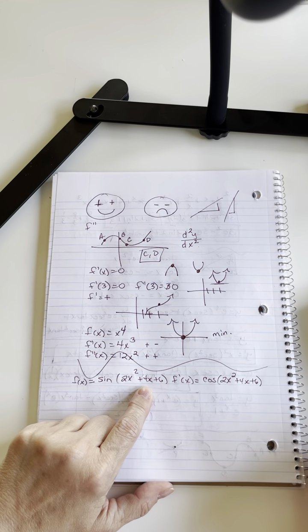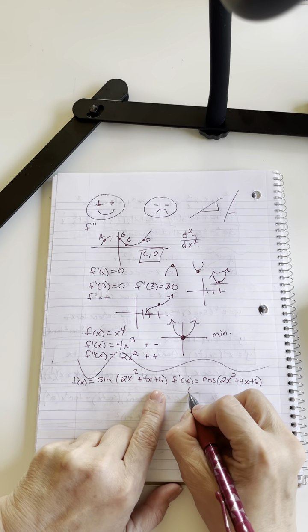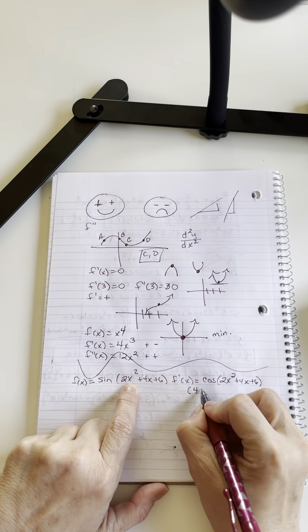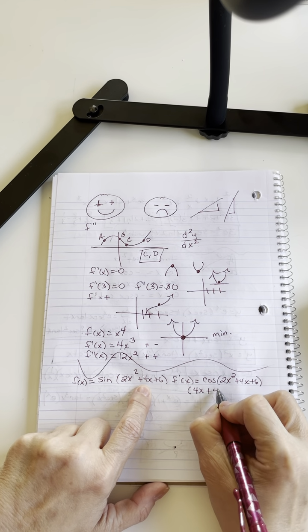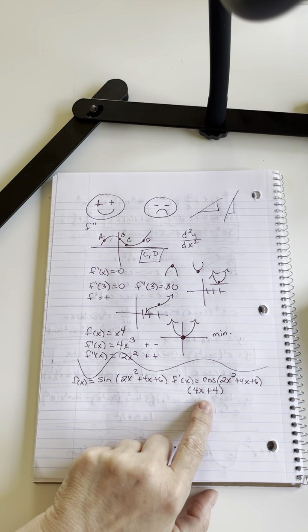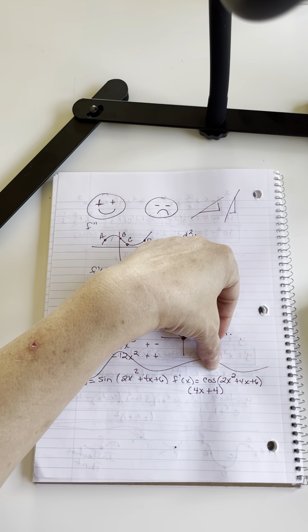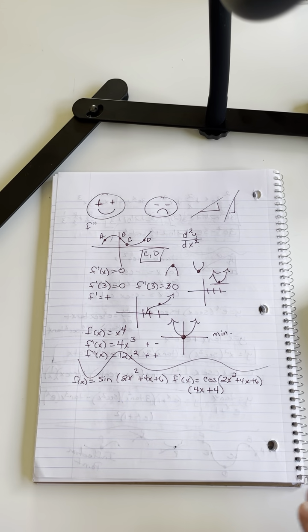And then multiplying with that is the derivative of all of this stuff. So that would give us 4x plus 4, dropping off the 6. And all of that should be in front technically. So 4x plus 4 in front of cosine with all of that. Example 2.